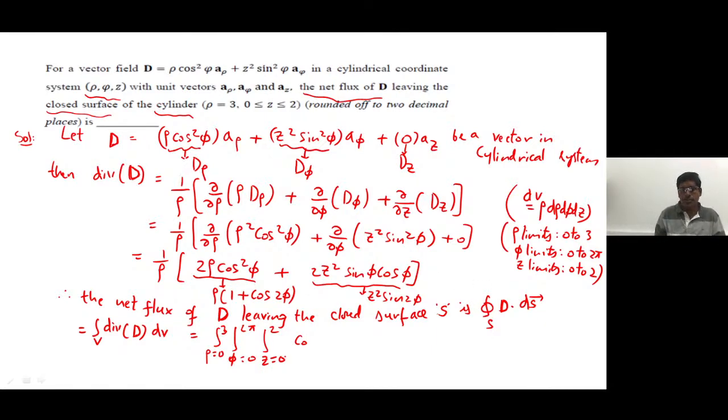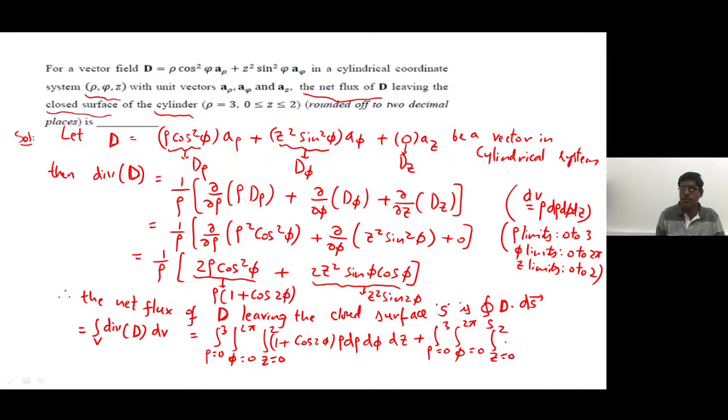After cancelling rho, 1 plus cos 2 phi into dv, meaning rho d rho d phi dz, plus this term also a triple integral with rho limits 0 to 3, middle integration phi 0 to 2 pi, inside integration z limits 0 to 2.